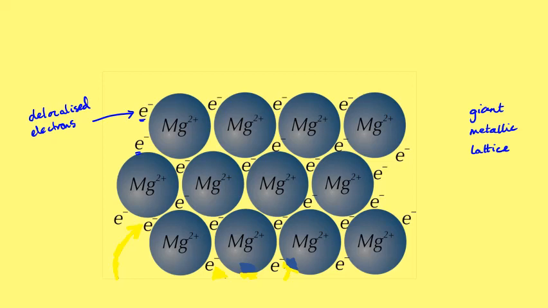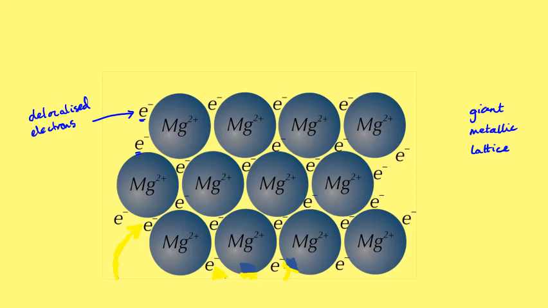Magnesium is in group 2, which means it's got two outer electrons, and it's those two outer electrons that become delocalized when it's in metallic form. When we say delocalized, what we mean is that the electrons are not attached to a single atom or ion. They can move freely, so in one instant they'll be closest to one ion and they'll be moving around, and in another instant they'll be closest to another ion and they are free to move.